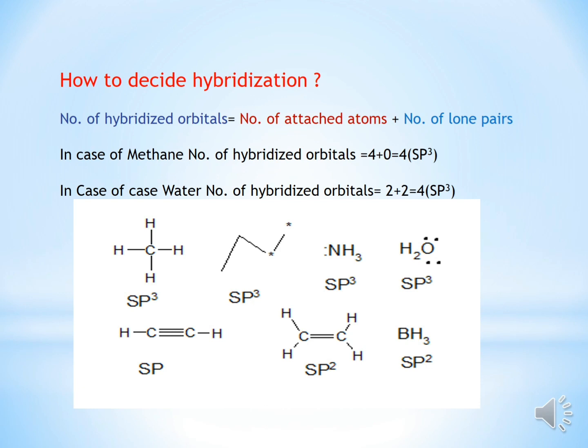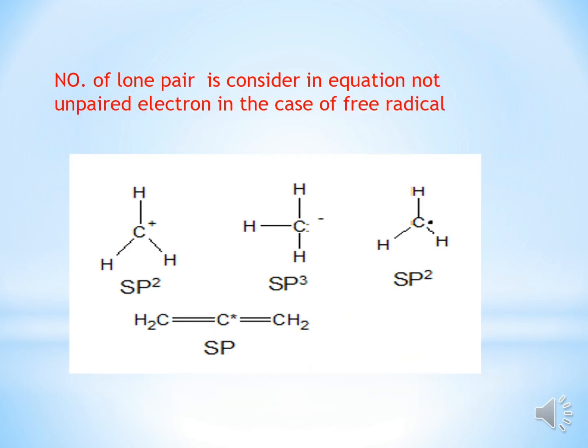In the case of water, oxygen is the central atom, attached to 2 hydrogens, and there are 2 lone pairs of electrons, so 2 plus 2 is 4, so it is sp3 hybridized. This is the way we can decide the hybridization. For hybridization we will consider a lone pair, not a single electron.